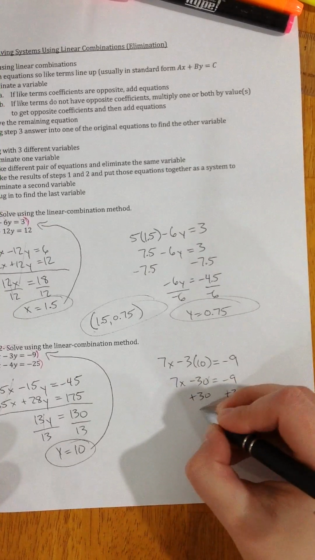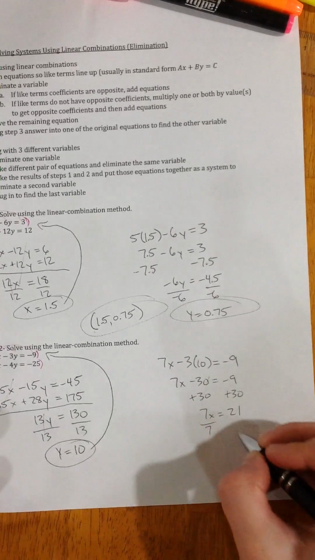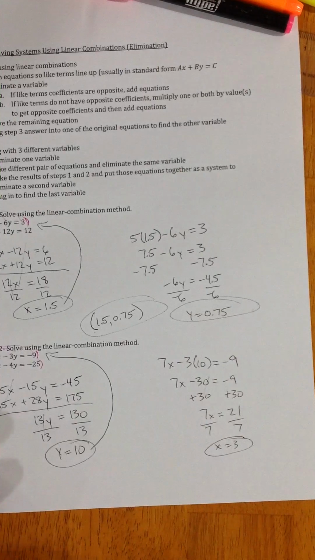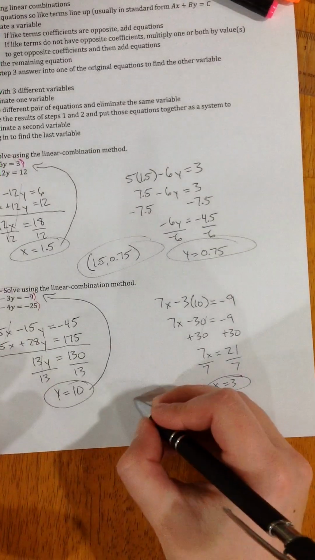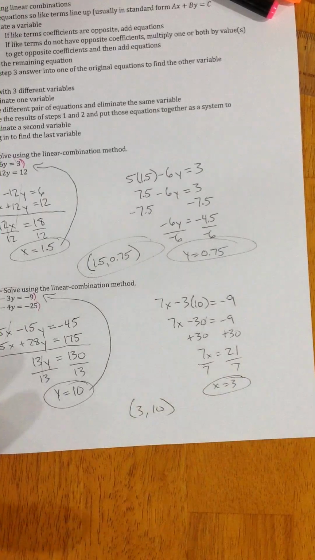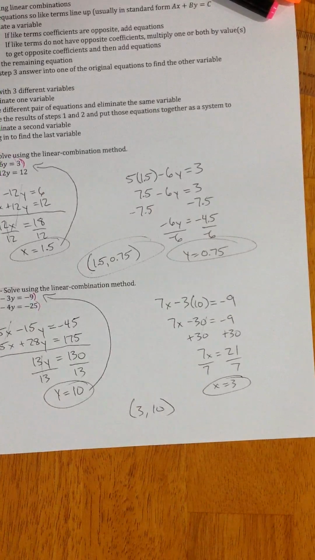So it's gone, so 7x is equal to 21. Divide by 7. x should be equal to 3. And then again, if you want to write those as ordered pairs, it could be 3 and 10 as your ordered pair of the spot where they would cross. But it doesn't say you have to write them as ordered pairs, so I'll take those as well.